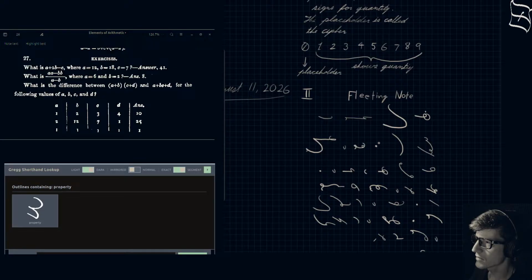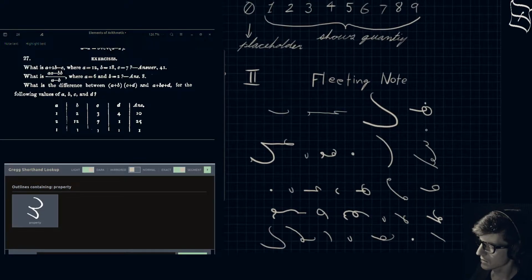And so what was the fleeting note here? If we just read back through, we have, where's our little pointer? Let's see if I can still read it.